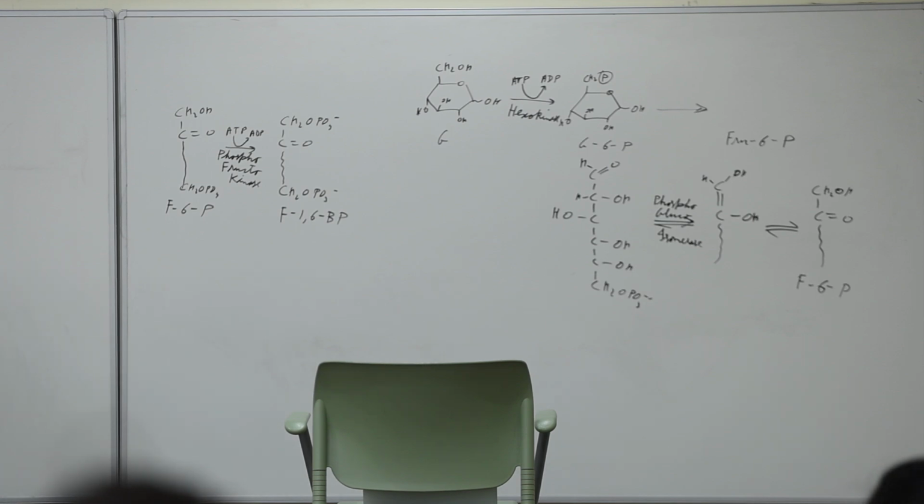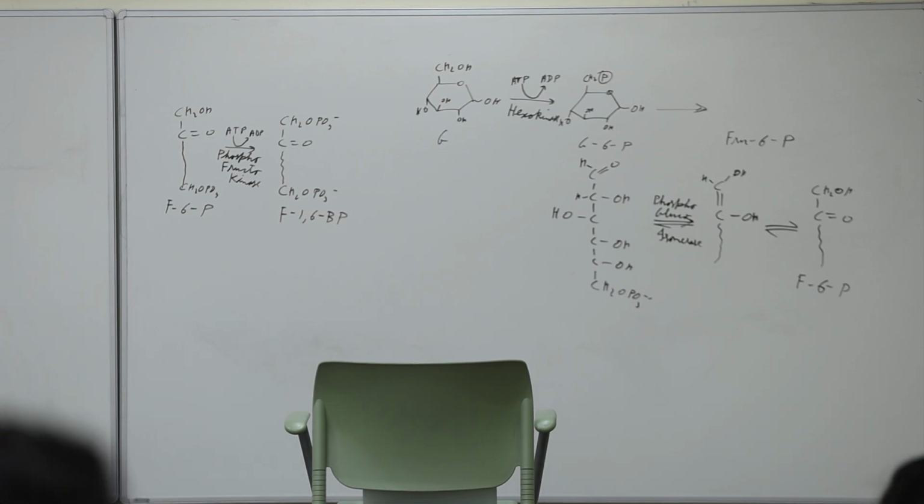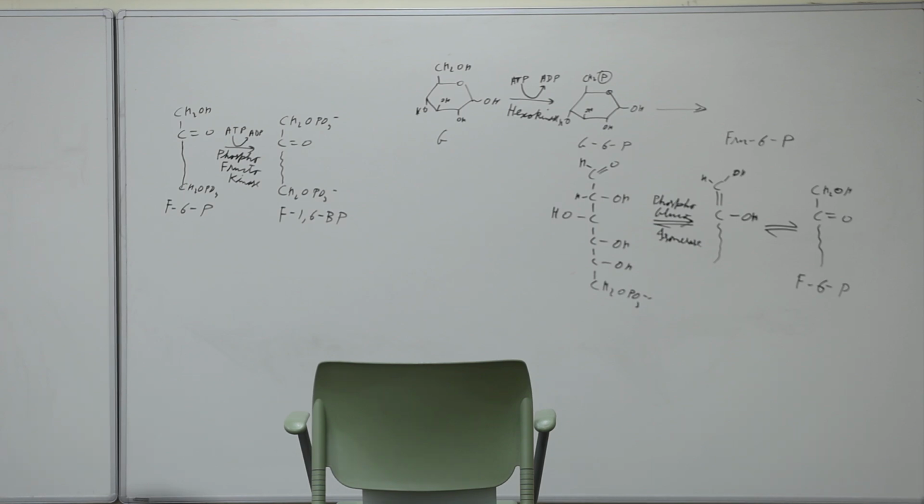When we did the metabolic pathways, we saw that pathways have reversible and irreversible steps. They are regulated at the irreversible steps, and there is always a first committed step in every pathway.